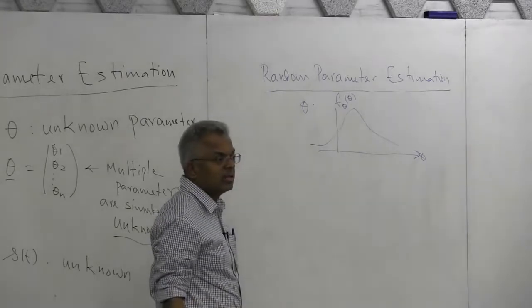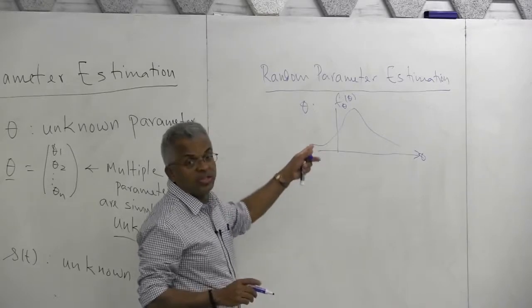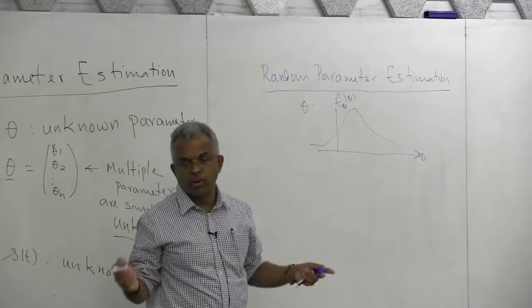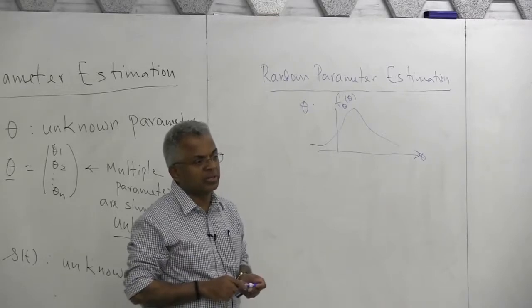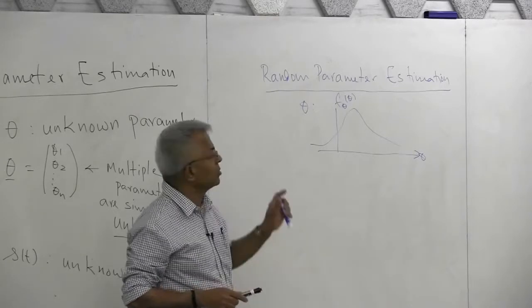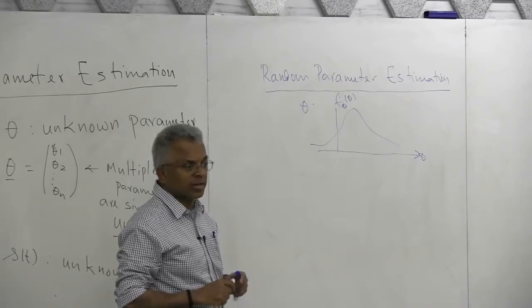That's the main feature of a random variable. Now, of course, this may be known, may be unknown. If it is unknown, it becomes an estimation within an estimation. So initially, we are going to assume that if it is a random parameter, we know the density function.